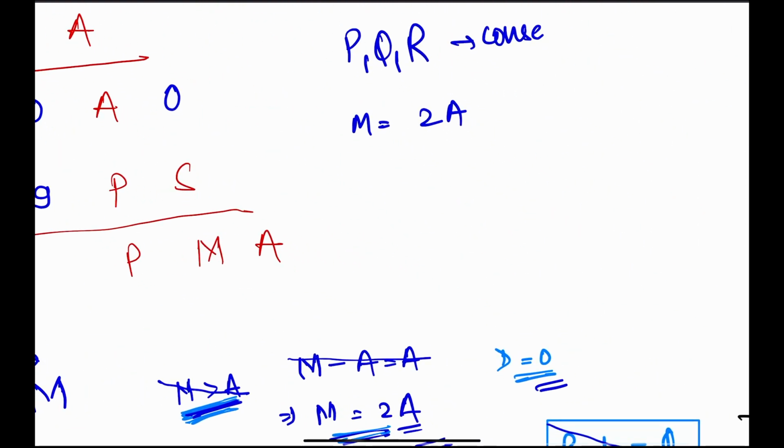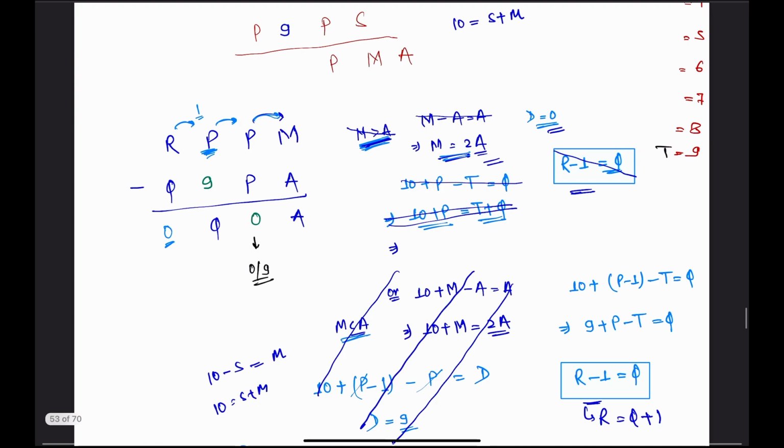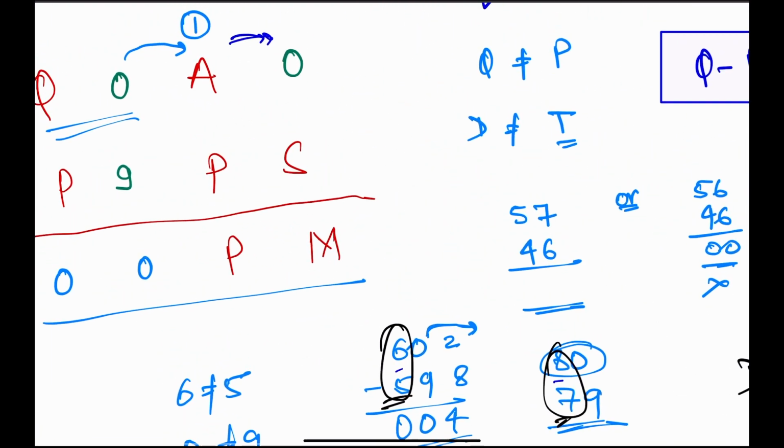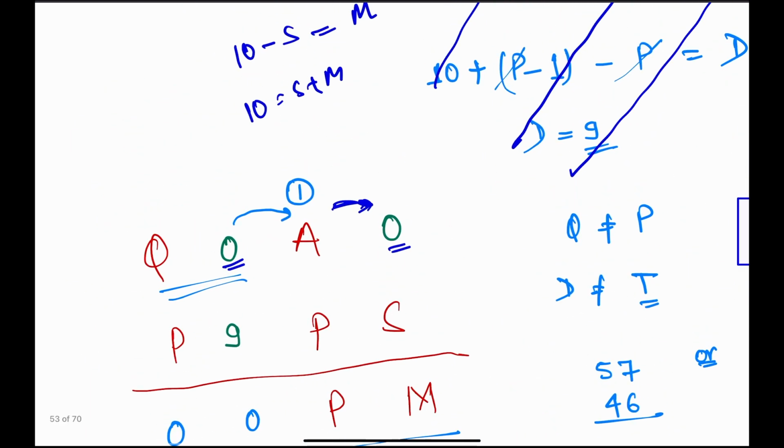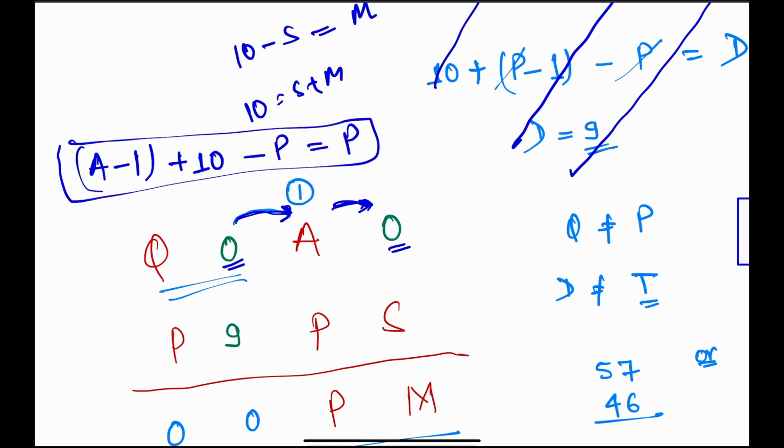Then one more equation after this: if here is 0, here is 0, and A is giving one carry, then A is becoming A minus 1, and this is also giving 1 as carry, plus 10 minus P equal to P. This is also one of the equations which might be helpful.